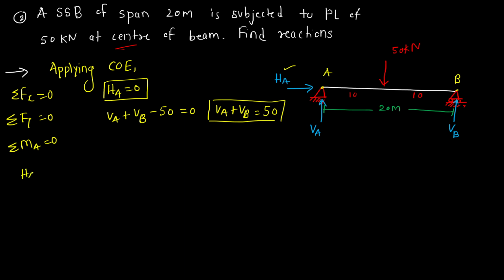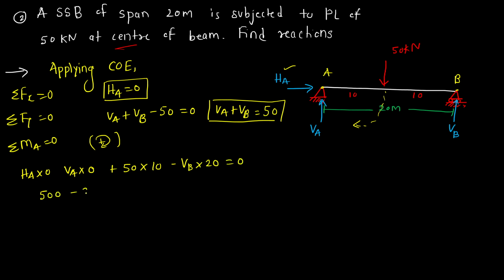So HA into 0, VA into 0 plus 50 into 10. It is plus because clockwise direction. So clockwise is positive, and minus VB into 20. This is equal to 0.